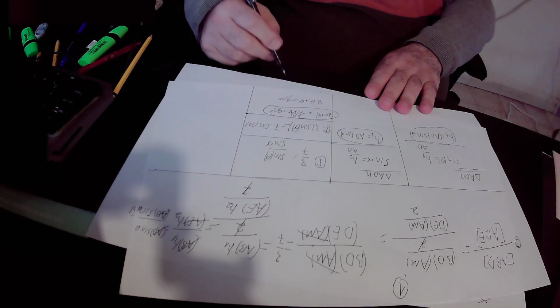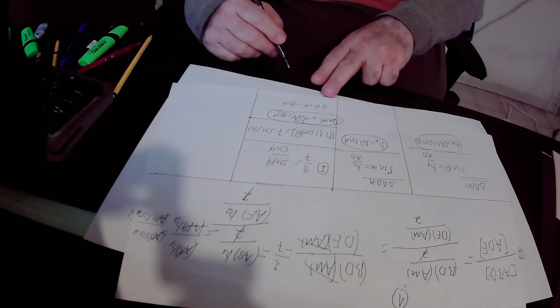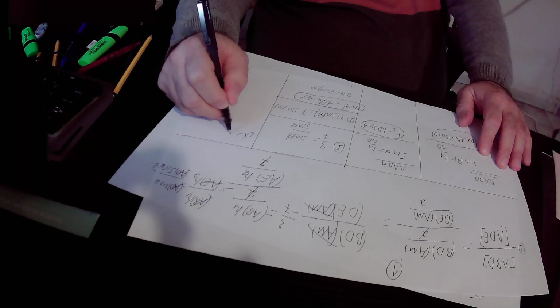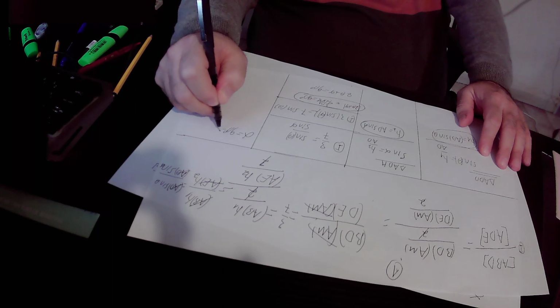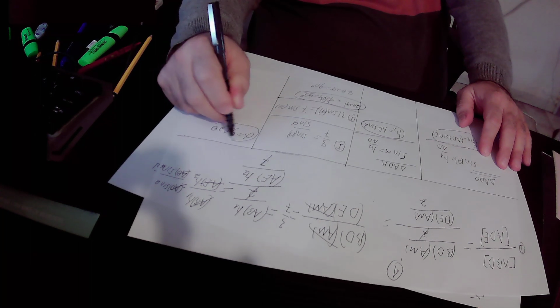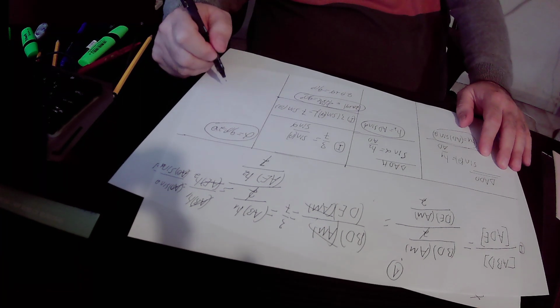We will subtract 2 theta from this equation, and we will get that angle alpha equals 90 degrees minus 2 theta.